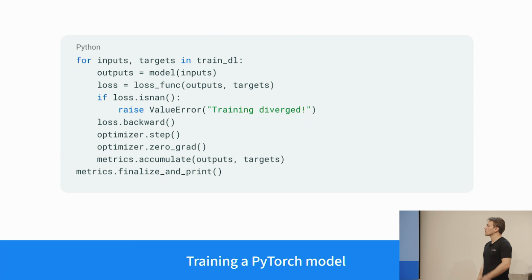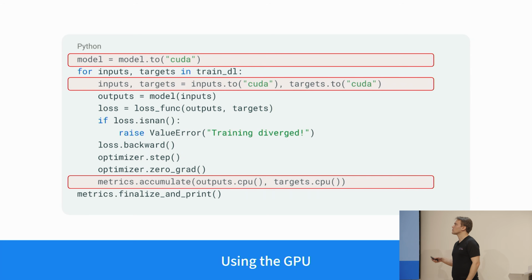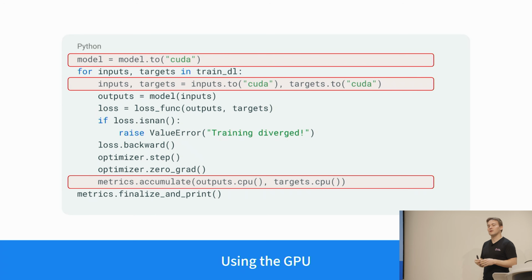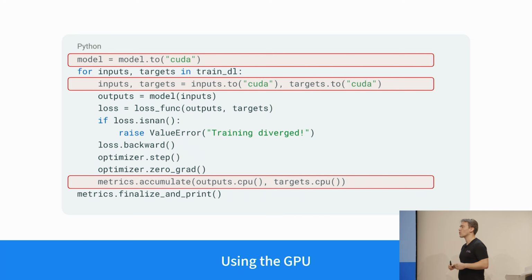So this doesn't use the GPU for now, but if you want to use the GPU in PyTorch, it's actually very easy. You just have to add a couple of lines here and there, basically those .to("cuda") calls everywhere. This is called to CUDA because when PyTorch was first created, it only supported NVIDIA GPUs, and CUDA is the name of the programming language that's proprietary to NVIDIA to program GPUs.